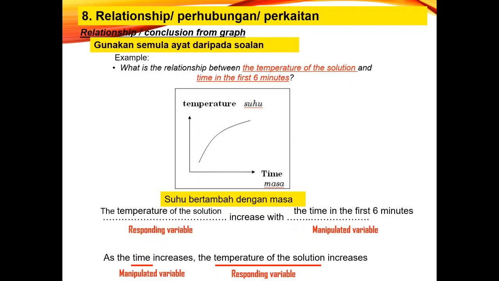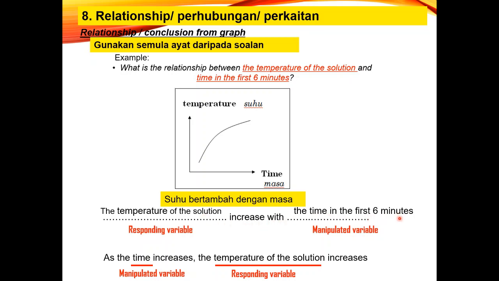So the next science process skill is the relationship. How to write the relationship. Okay, so you look at this example. What is the relationship between the temperature of solution and the time in the first 6 minutes? So this is the graph that you plot, right? So we can write like this. The temperature of solution increases with the time in the first 6 minutes.